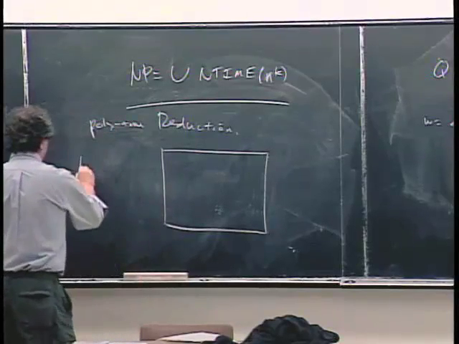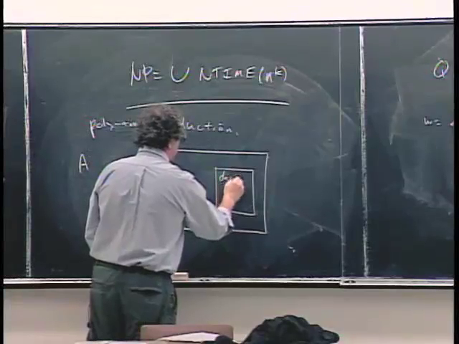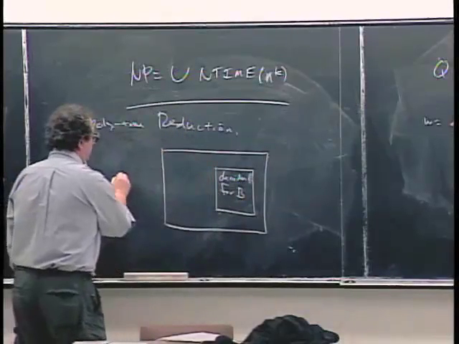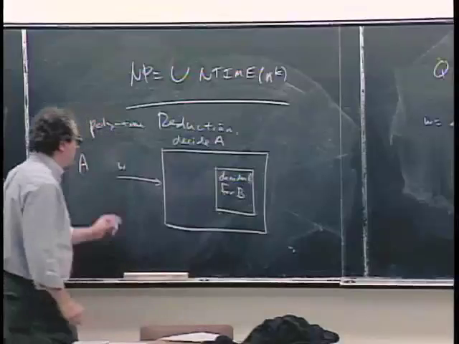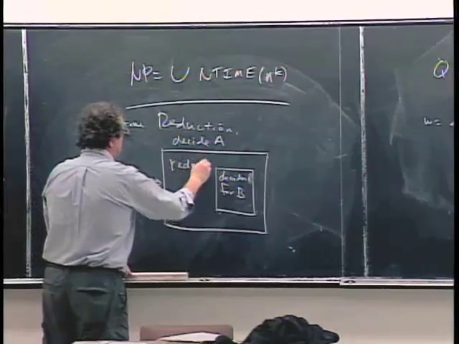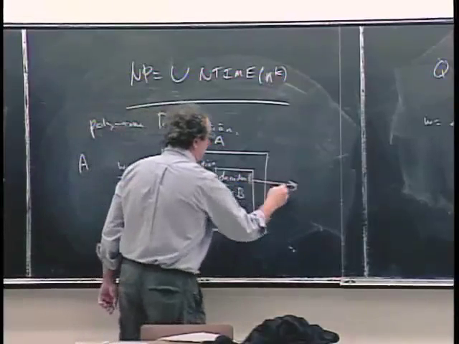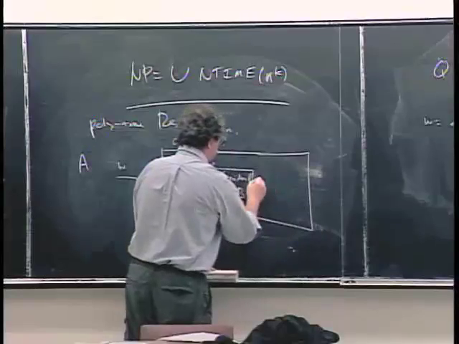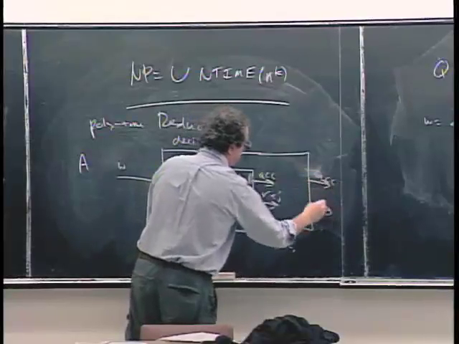So we have a language A and a language B, and here's a decider for B, and we want a Turing machine that can decide A. So input is W, and then we do some reduction of W that creates an input W prime, and then based on whether this was accept or reject, we would accept or reject.